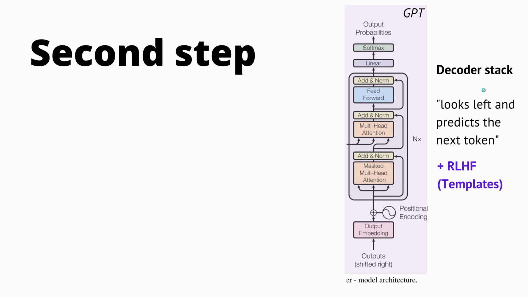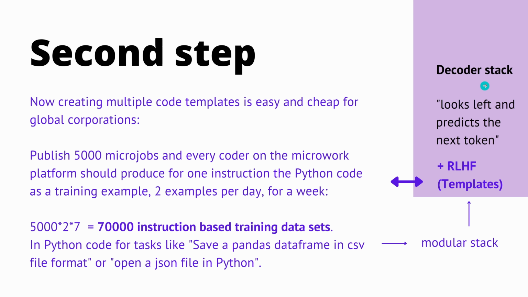So let's play with this. Let's play now at the GPT part of the decoder stack. How can we create these templates for ourselves, or how can you do it if you're a company? Now, creating multiple code templates is easy, cheap. Either you can do it with humans or you can automate it. You can publish like 5,000 macro jobs on the internet, and every coder on the macro work platform that has access to the internet should produce 1 instruction of the Python code as a training example, 2 examples per day for a week.